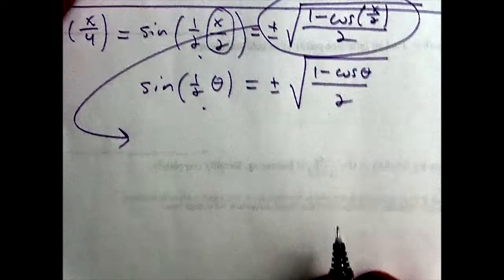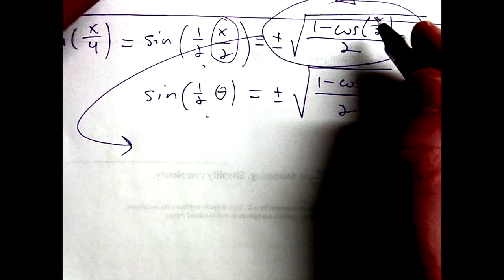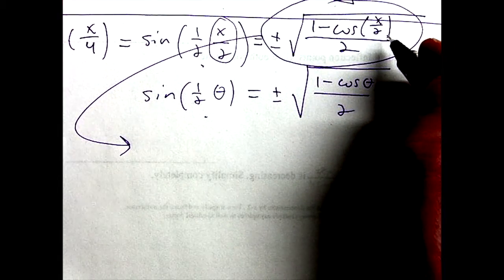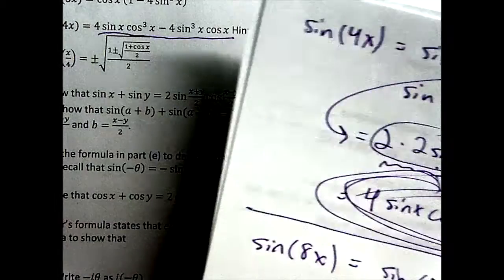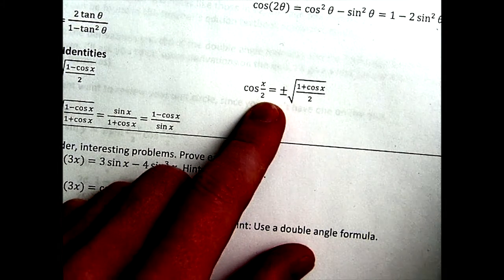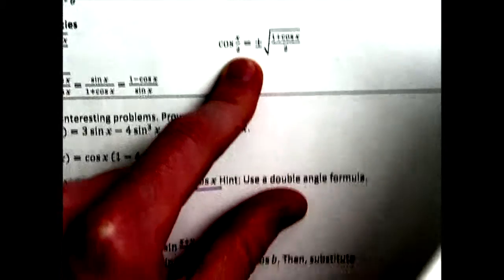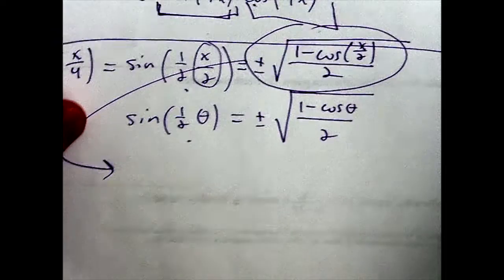So let's keep going. What I'm going to do is replace cosine of x over 2 with the formula for cosine of x over 2, which is here. Cosine x over 2 is plus or minus root 1 plus cosine x over 2. Okay. So what do I have in total?